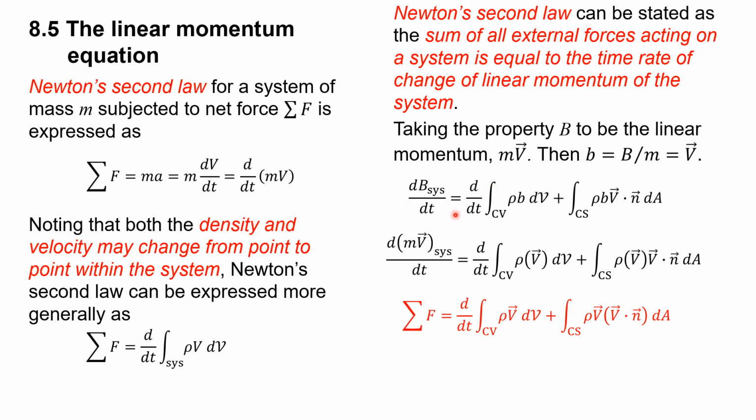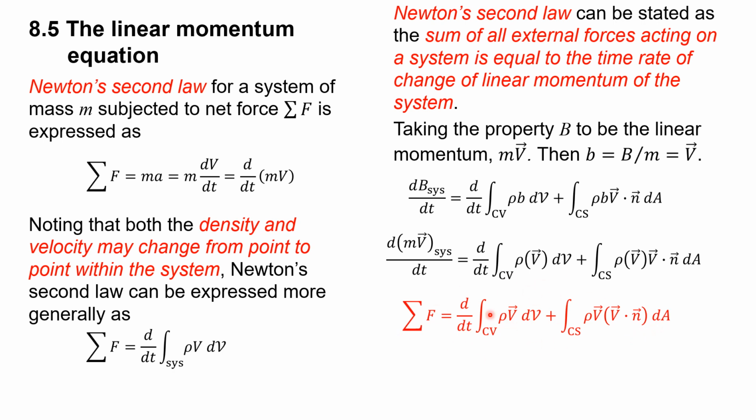Based on that, we can derive this formula, and you just replace it with all this information, and at the end we get the summation of F equals the change in the integral of rho v dV, plus the integral of rho v (V·n) dA.